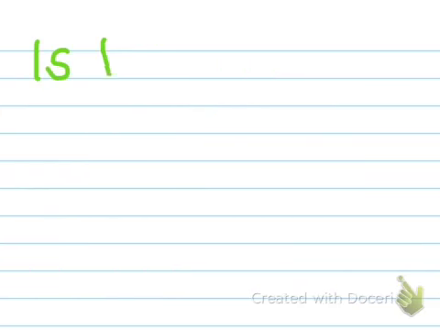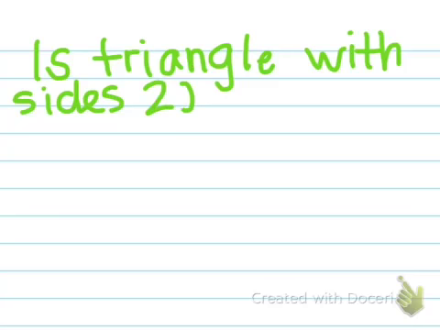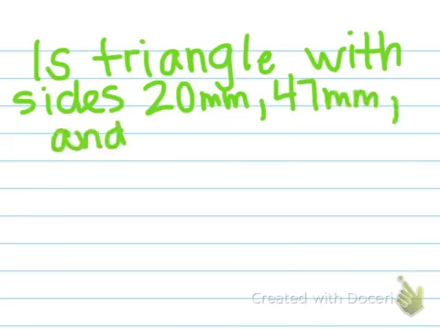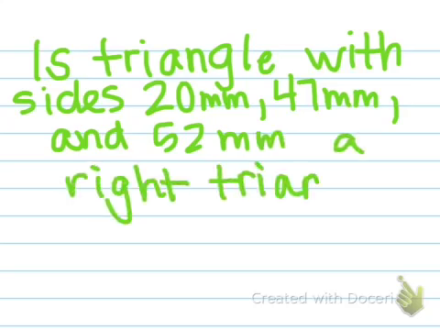Okay, one example using what you just learned: is the triangle with the sides 20 millimeters, 47 millimeters, and 52 millimeters a right triangle? We're going to figure this out by plugging it in for the Pythagorean Theorem and seeing if it works out.